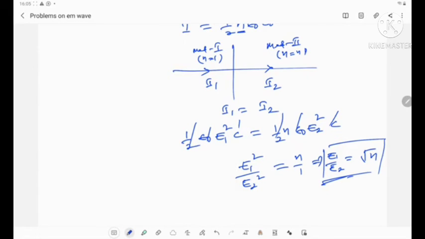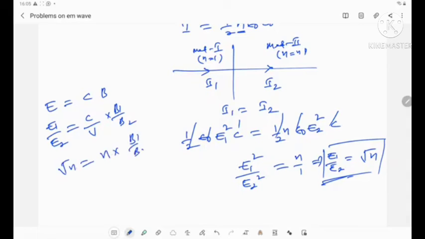And then the ratio of magnetic fields. See here, E is equal to C into B. E1 by E2 is equal to C1 B1 by C2 B2. C1 means this is C, C2 means in this medium velocity V. E1 by E2 is equal to root n, and C by V is n.